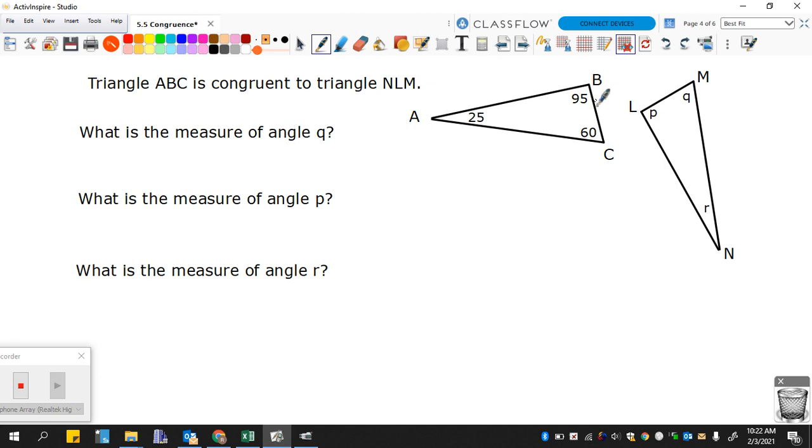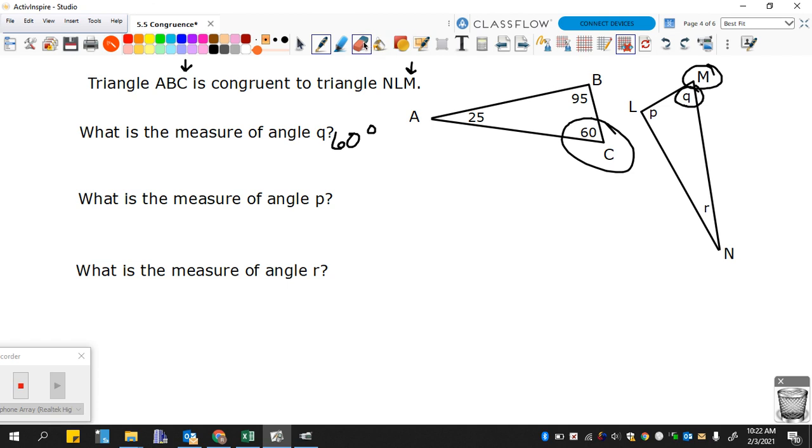Angle Q is right here, and it is associated with M. If I look over here in the congruence statement, M is the very last letter, so the very last letter here is C. What is the measure of C? It would be 60 degrees.